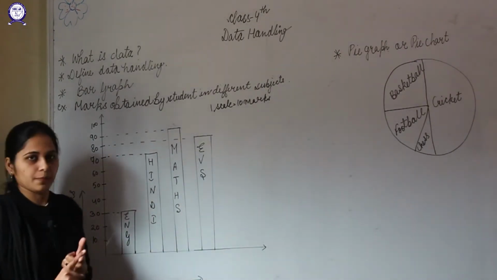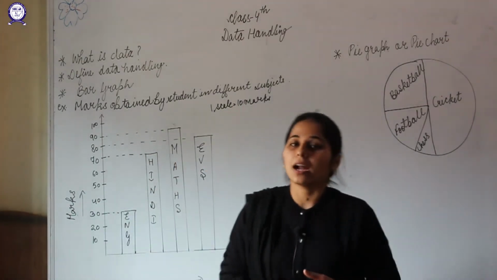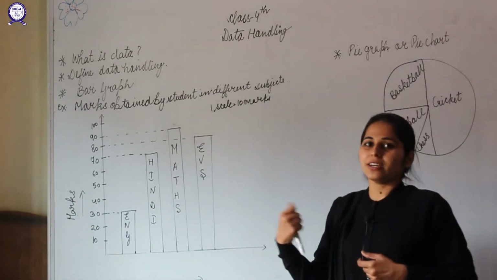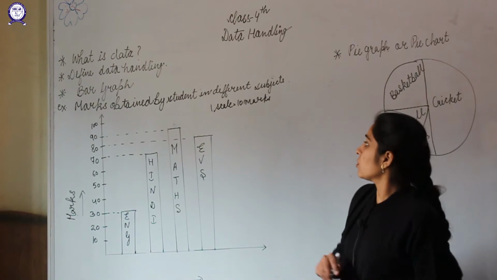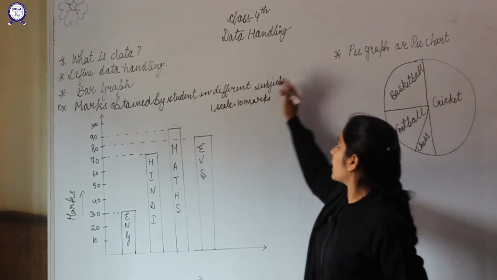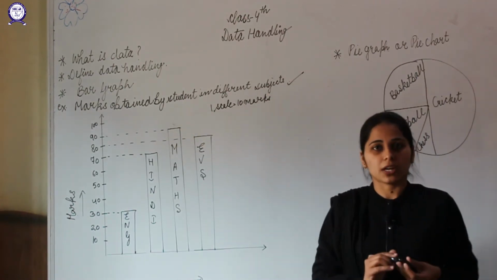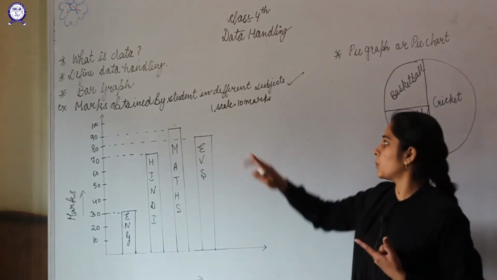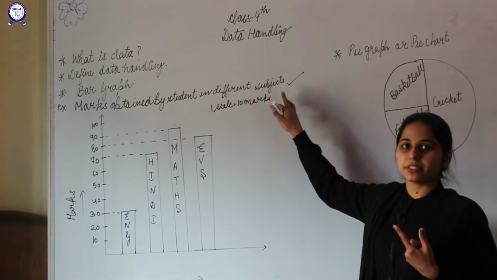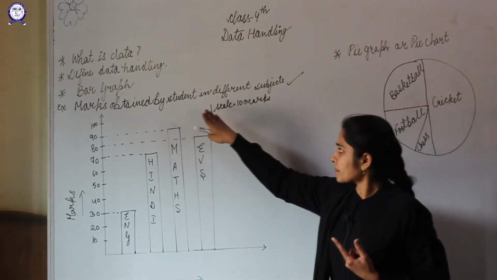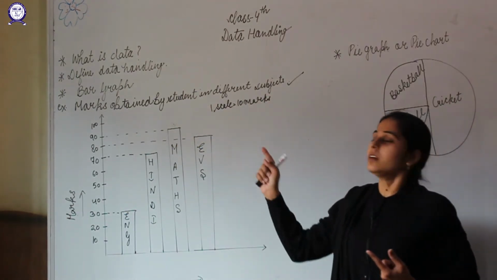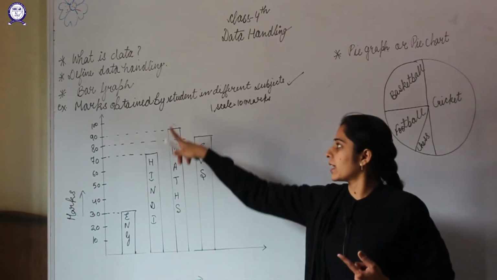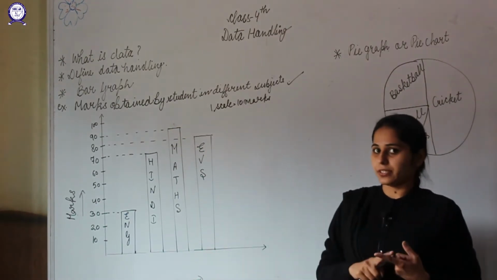The first question can arise: what information is the given bar graph giving? The information is marks obtained by the student in different subjects. You can take the help of the line written above or below the bar graph.